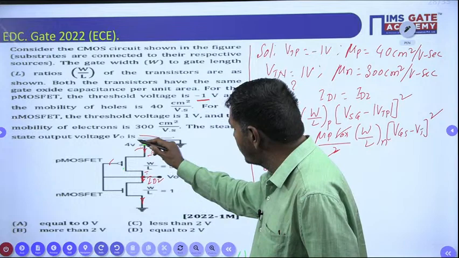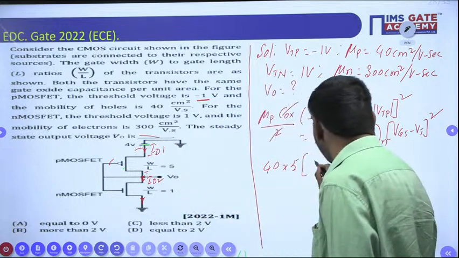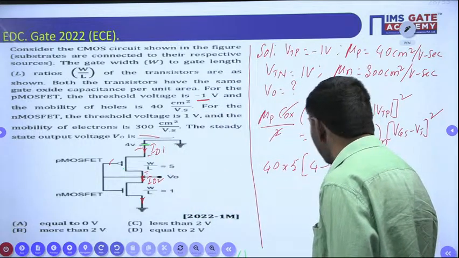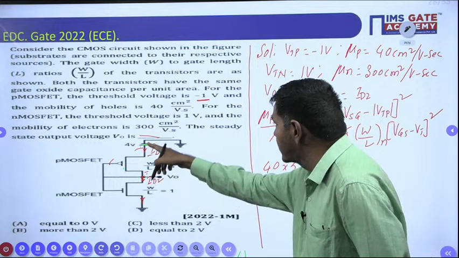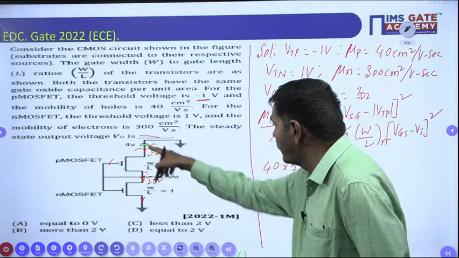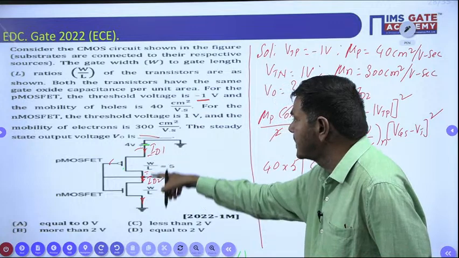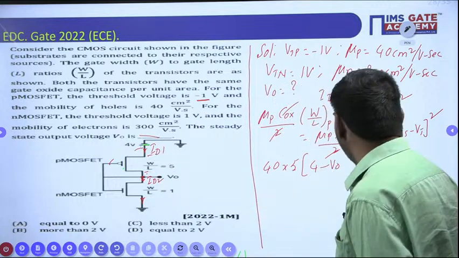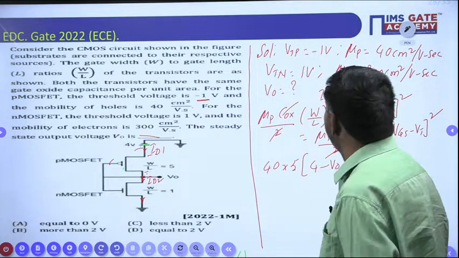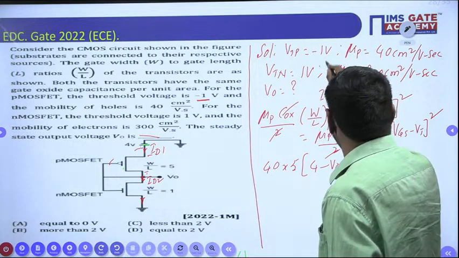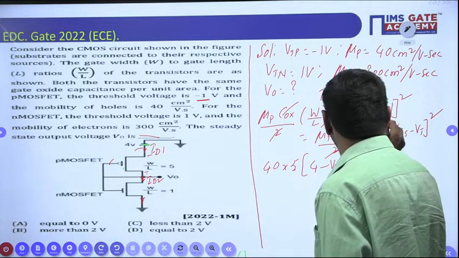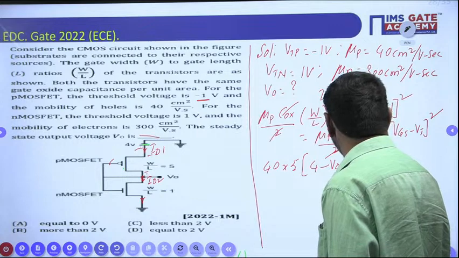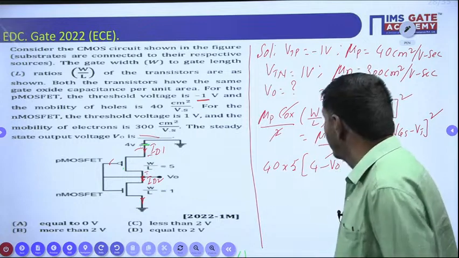VSD means 4 minus V naught. This voltage is 4, this voltage is V naught, so 4 minus V naught is VSD. And minus VTP modulus, minus 1 with modulus means plus 1, minus of plus 1, whole square.